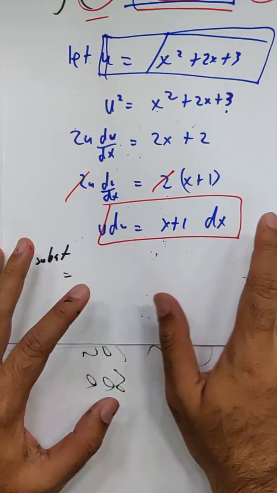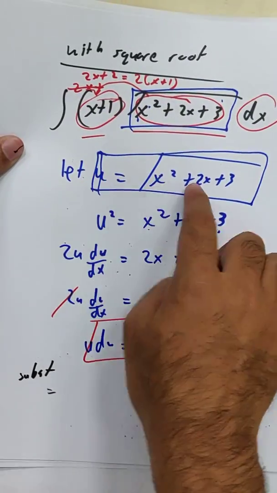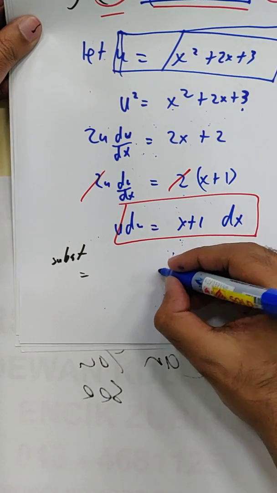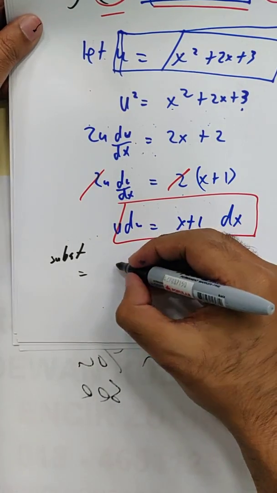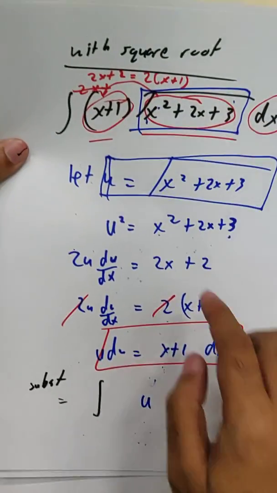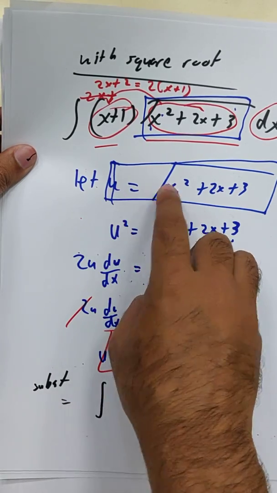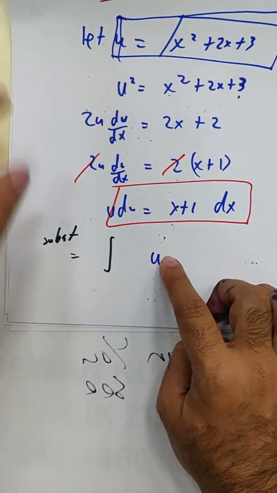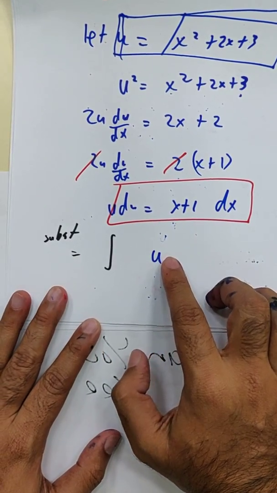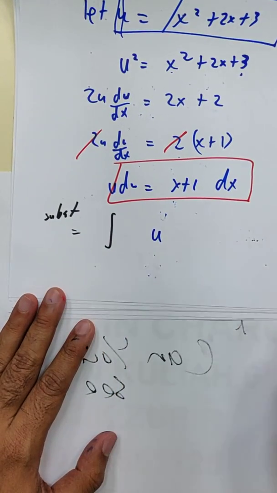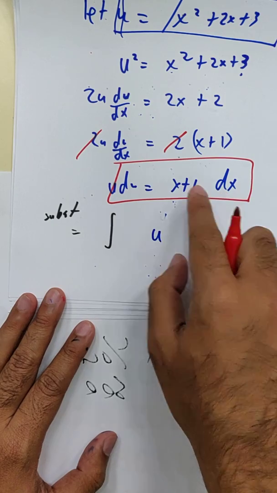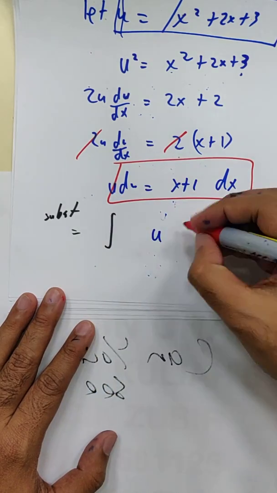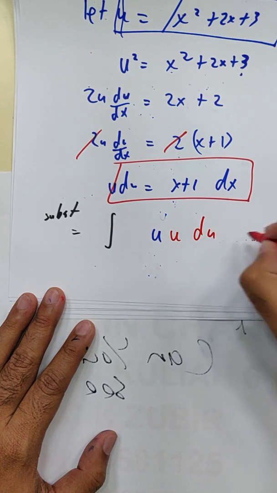Alright, so right now we are substituting this thing. It becomes u. Should there still be a square root? No, you should not, because you let u be the square root. Okay? So there's no more square root, so there's no power over here. Understand? And then what about x plus 1 dx becomes u du. u du. Remember what I said?